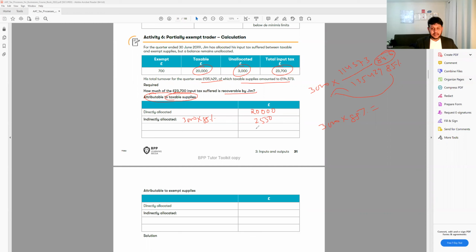Okay, so this gives me the total of 22,550. So this is my taxable supply, and I have no problem because I know I can recover everything.